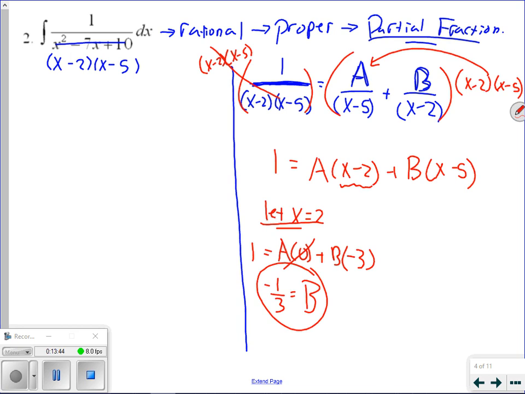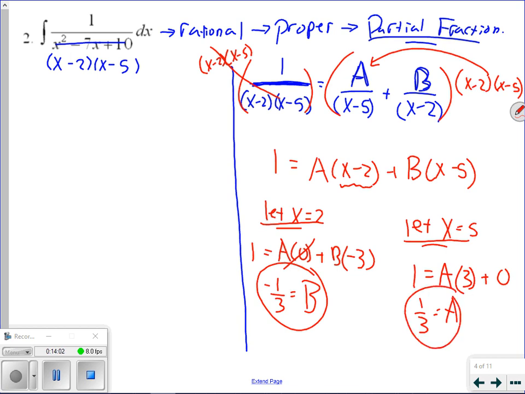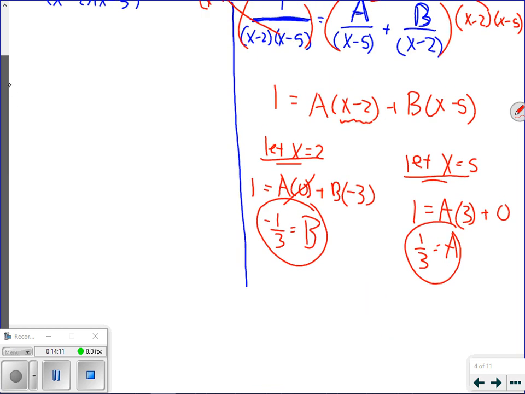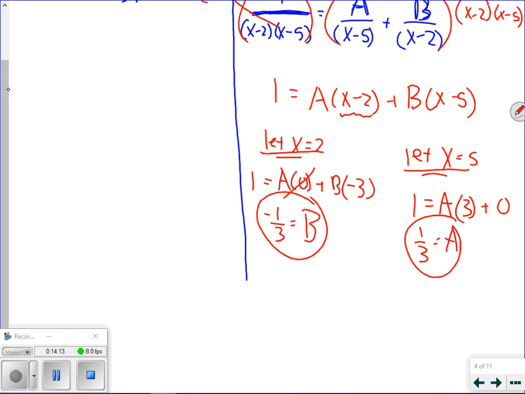I can do the same thing if I want to solve for A. I can say, what if I let x equal 5? Well, I can use that to solve for A, right? It's going to be 1 equals A times 3 plus 0, and A equals 1/3. Okay. So if I plug these back in, make sure I plug these back in correctly.